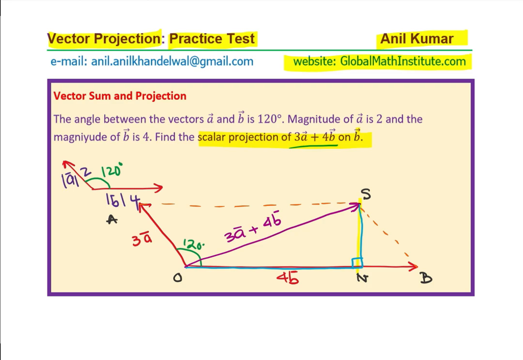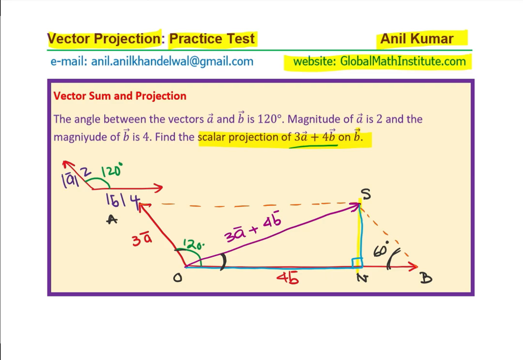So you need to actually find this angle also and the magnitude of OS. Magnitude of OS can be calculated from the triangle given to you. Since we know that this angle is 120, the angle at B is going to be 60 degrees.